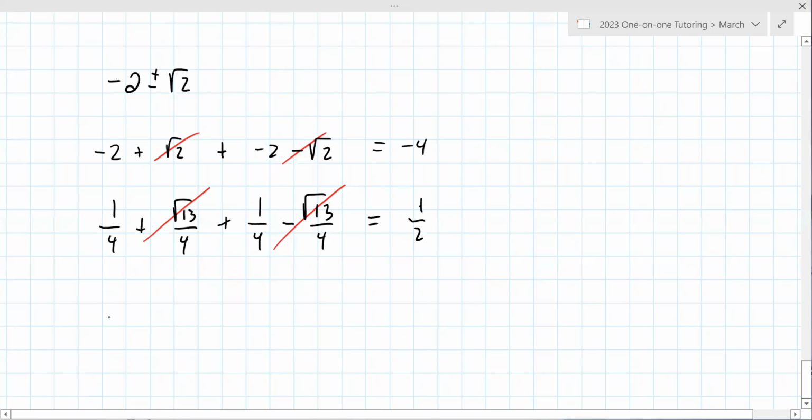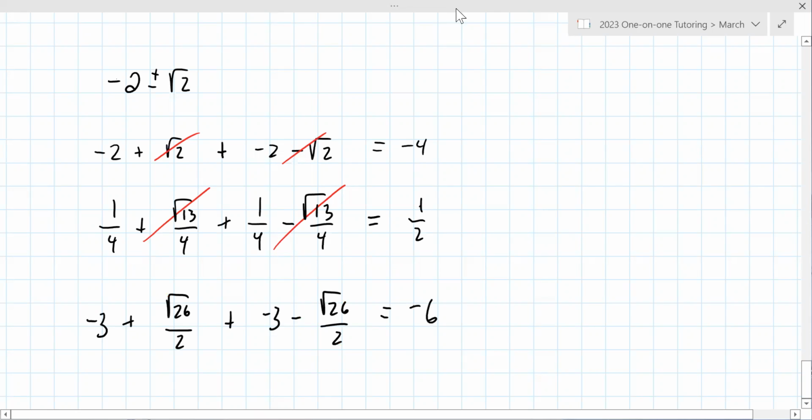Okay, and then we had a problem like this. I think in a previous problem it was -3 plus the square root of 26 over 2, plus -3 minus the square root of 26 over 2. When you add these solutions together, can you tell me what this becomes? -6.